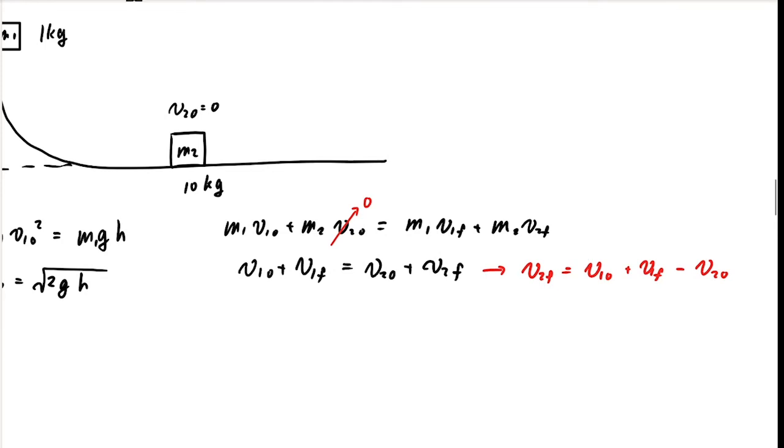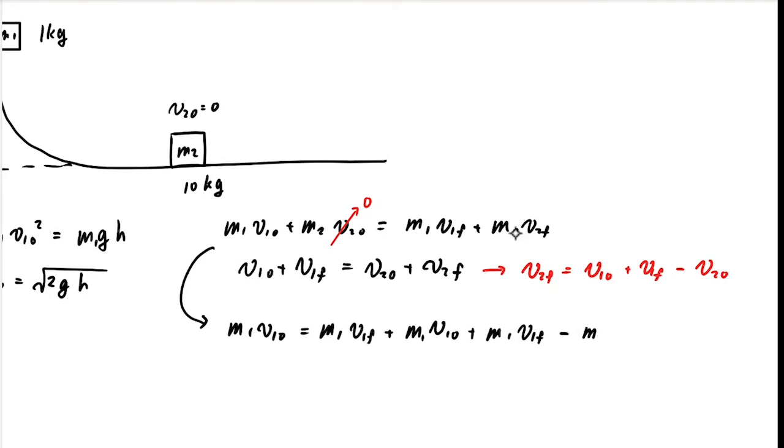So now we have M1 V1 original is equal to M1 V1 final plus M2 V1 original plus M2 V1 final minus M2 V2 original.